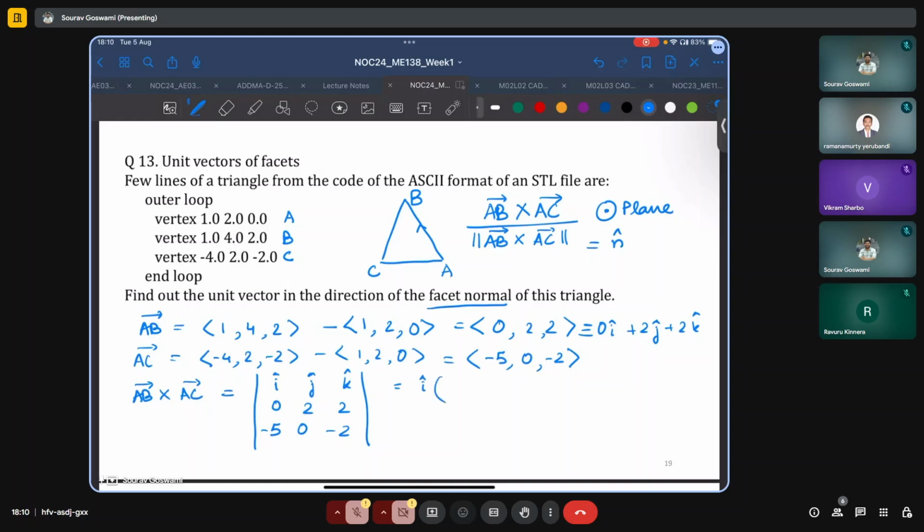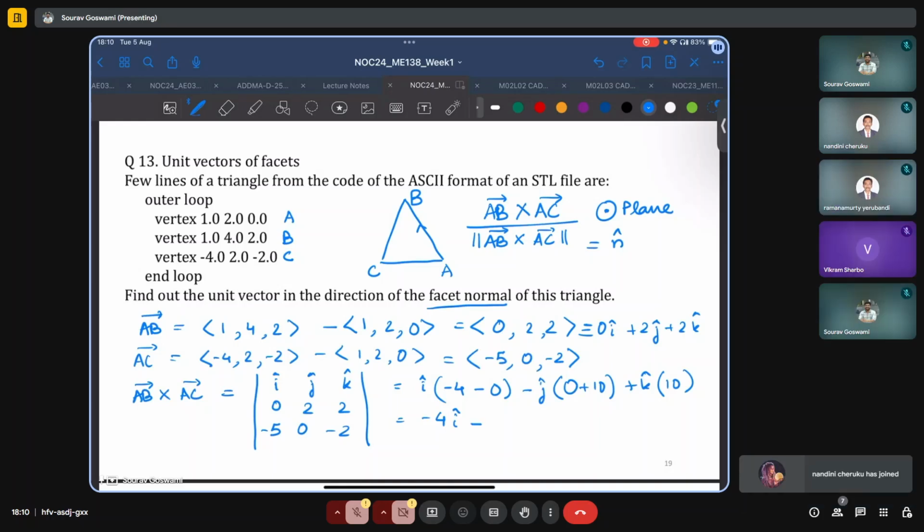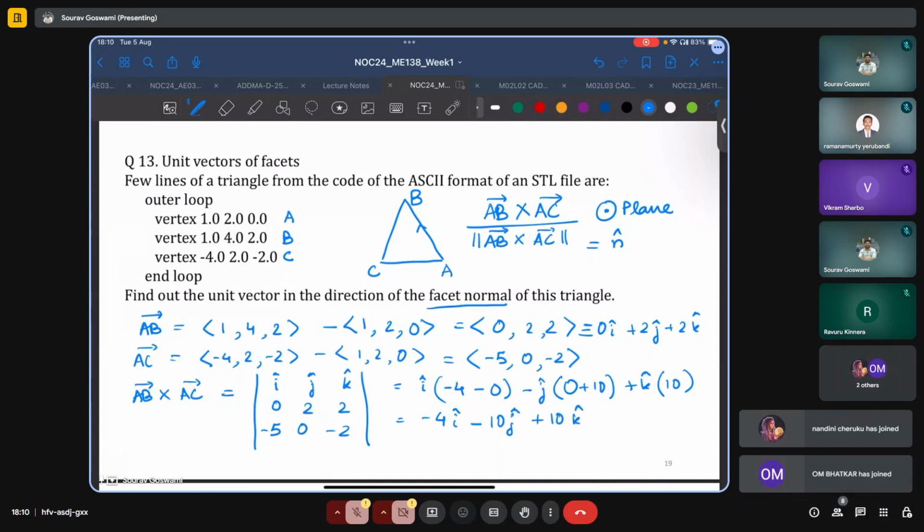This is 2 into minus 2, which is minus 4, minus 0 into 2, which is 0, minus j hat into 0 into minus 2, which is 0, minus 5 into 2, so plus 10, and plus k hat, 0 into 0 is 0, minus 5 into 2 is minus 10, so plus 10 again. And we have minus 4 i hat minus 10 j hat plus 10 k hat.